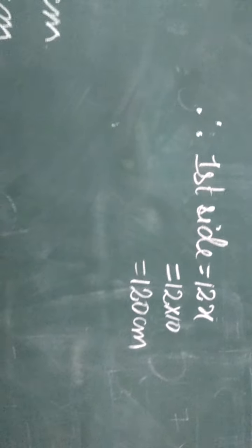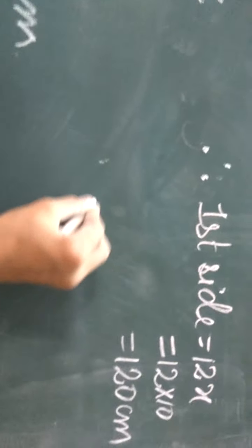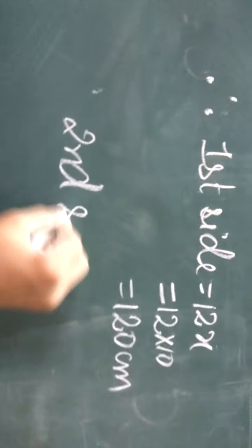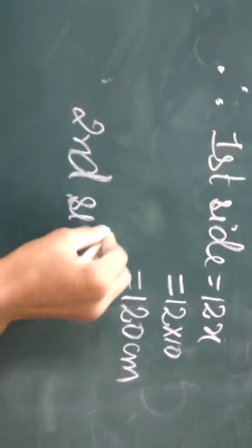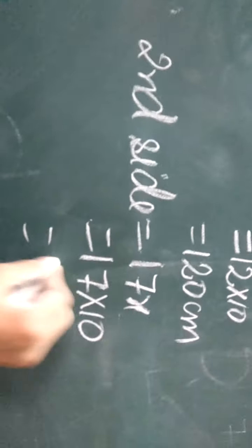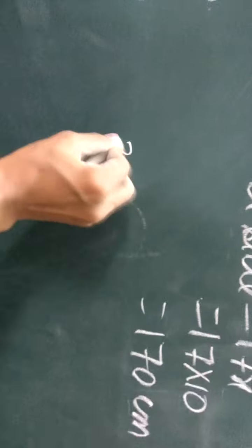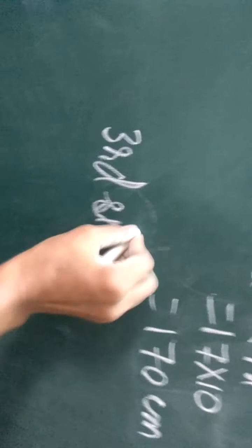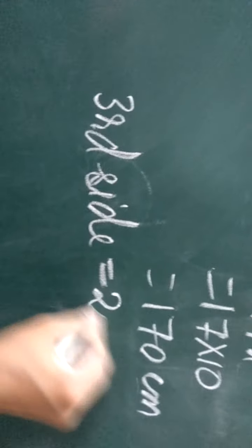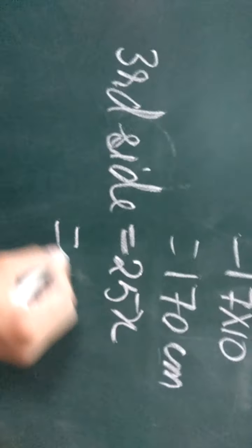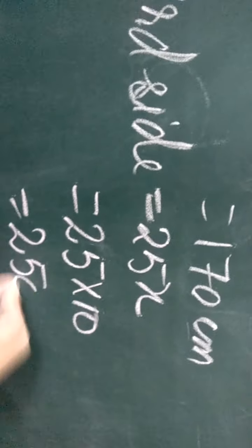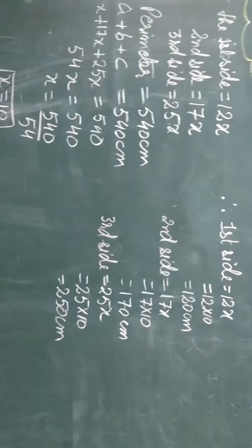First side is 120 centimeter. Similarly, second side is equal to 17x, 17 into 10, 170 centimeter. Now third side is equal to 25x, so 25 into 10 is equal to 250 centimeter. So in this way you will get all the three sides.